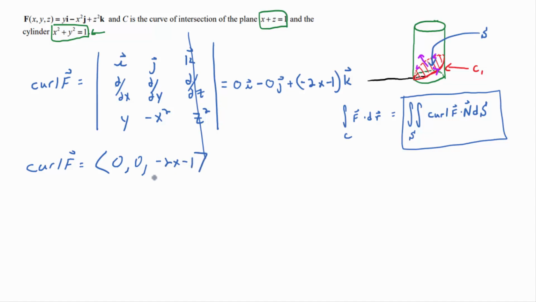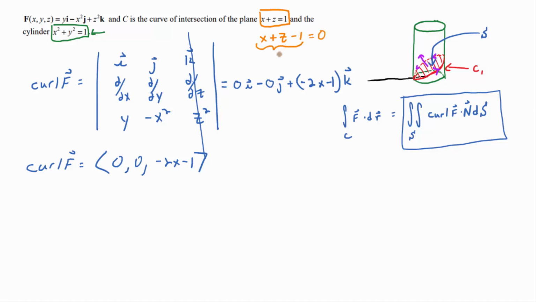And then, well, we have to decide what we're going to dot that with. So in pictures, that guy's our surface, right? This part highlighted in red here is the plane, right? So if you think of x plus z minus 1, subtract 1 from both sides, equals 0.